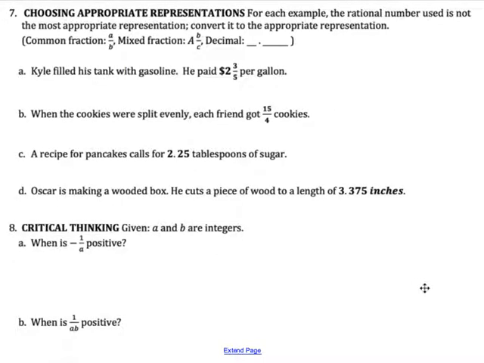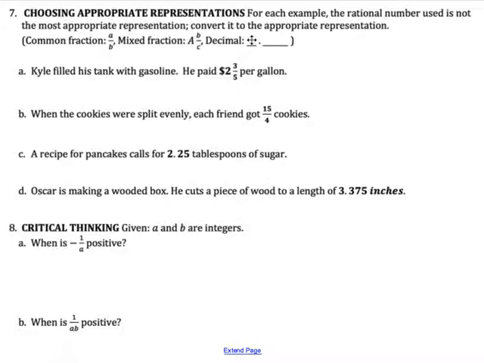Number 7, choosing appropriate representations. For each example, the rational number used is not the most appropriate representation. Convert it to an appropriate representation. For example, common fraction, mixed fraction, and decimal are the three options. Common fraction, number over number. Mixed fraction, when it's bigger than 1, it's got a whole number and then a fraction part.